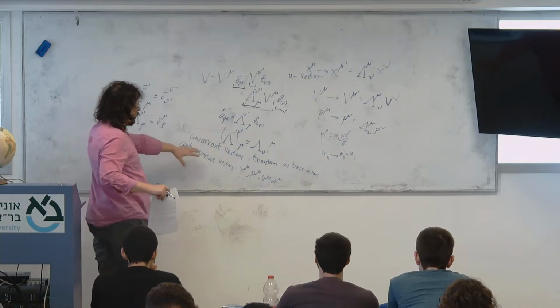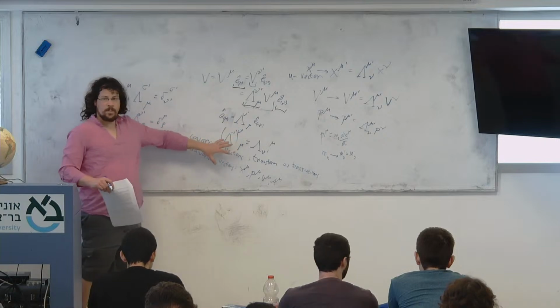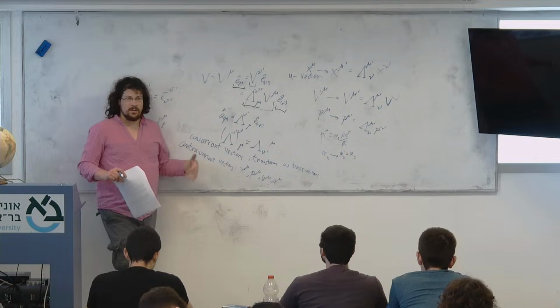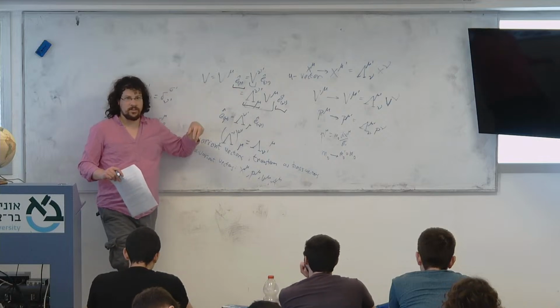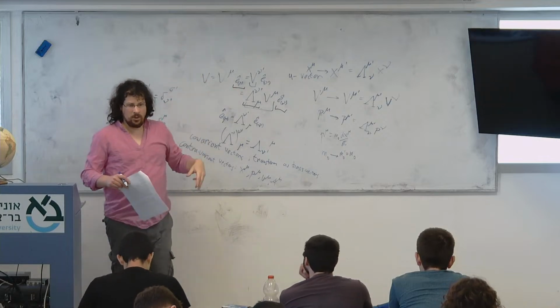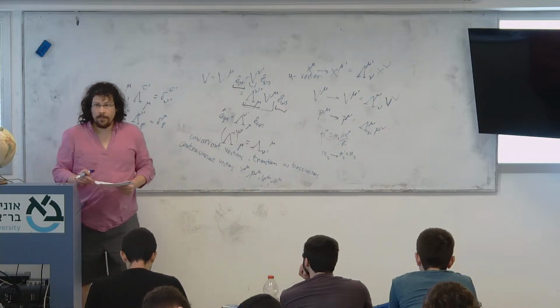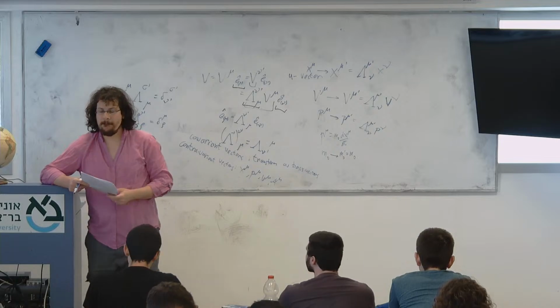For now, we only have vectors, so there's only one index per each. But we'll soon see that things can have mixed indices. Some of them will be covariant, and some of them will be contravariant. Rather, contravariant on top, covariant at the bottom. Yes? So covariant and contravariant.